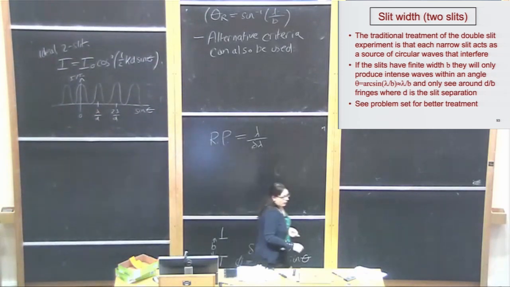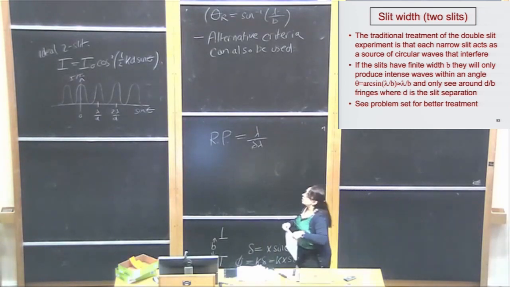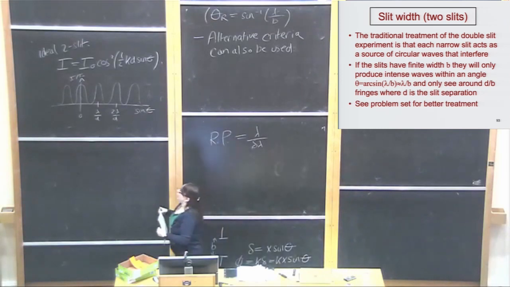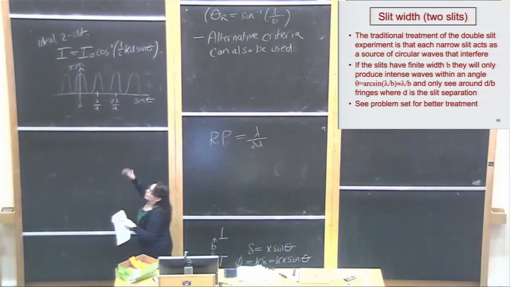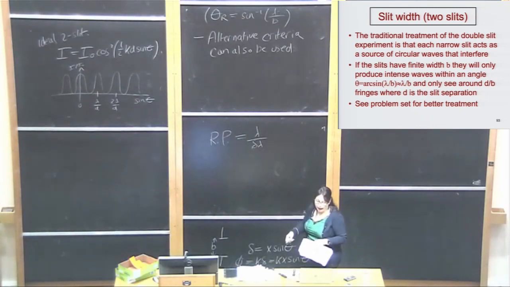So what's actually going on is that, of course, we never have the ideal case. We never have infinitely narrow slits. Our two slits, in reality, always have some finite width. So as well as the two-slit interference, we've got single-slit diffraction going on as well.